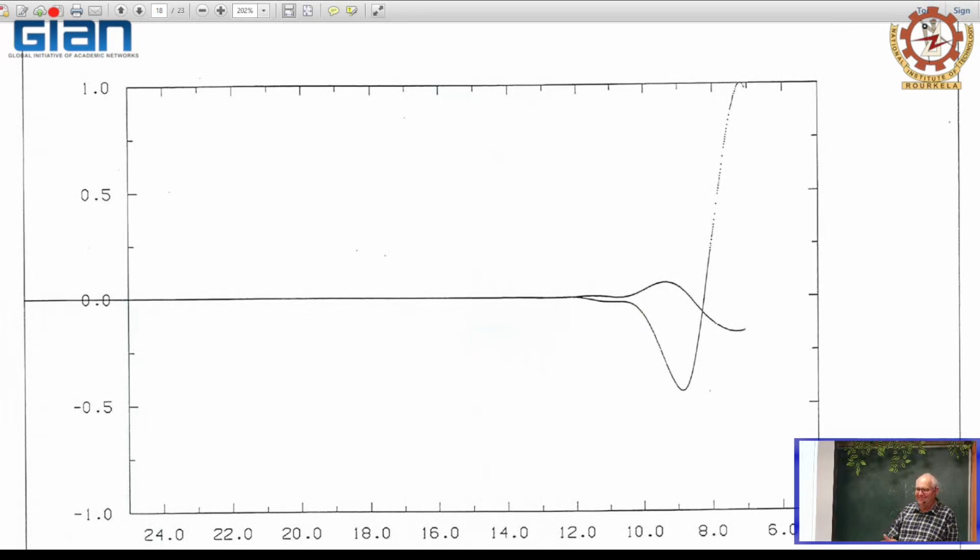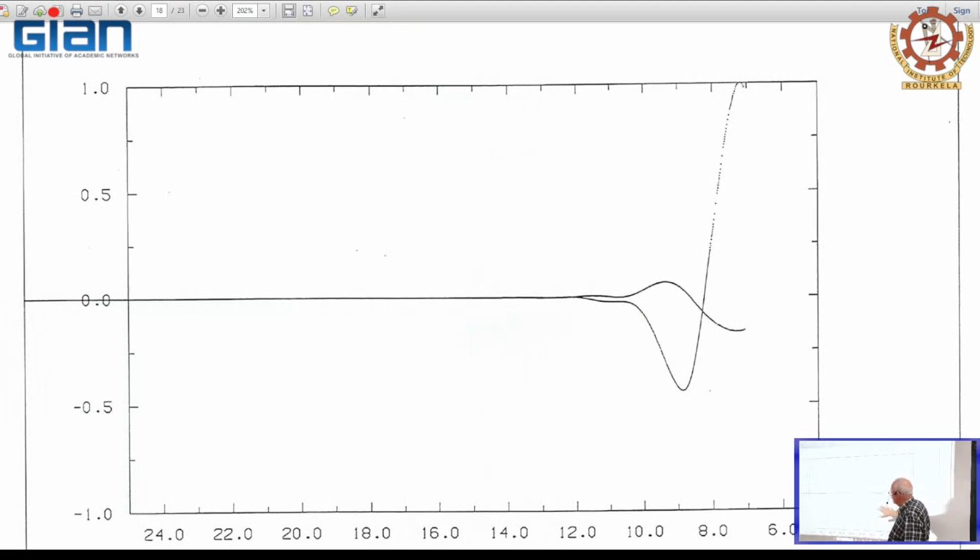The reason is that we have a linear system: the perturbation equations are linear, and the solutions are determined only up to a complex constant. So this is normalized to unity. This is the maximum amplitude which appears here. So what's going on here? Now let's simply expand the scale here, going from -1 to +1, and expand it a little bit. What happens?